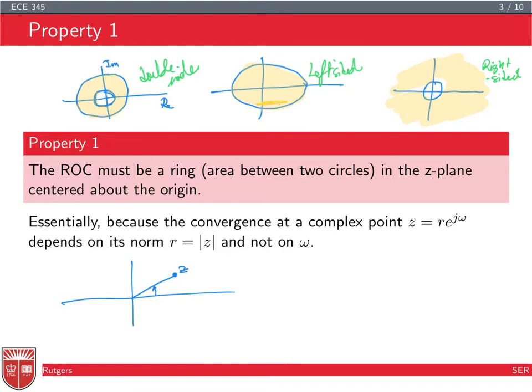So you have the angle omega and you have r, and this is saying that the convergence only depends on the norm r, meaning that if the Z transform converges at a given point Z here, it must converge at any other point with the same norm r but maybe a different angle. So it must converge on the whole circle of radius r. So that's what it is saying.